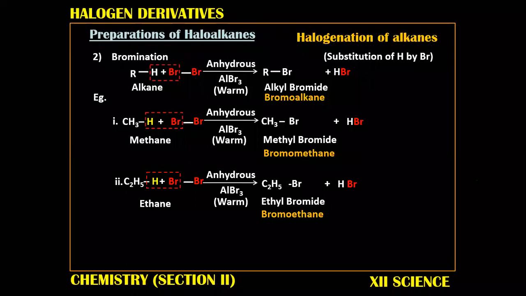See, this is what we get. Ethane plus bromine will give you ethyl bromide and HBr. Write common and IUPAC both the names.